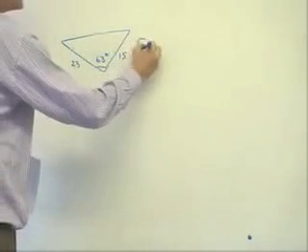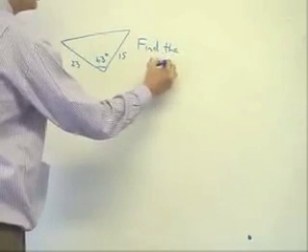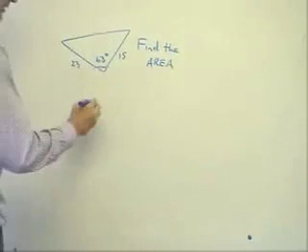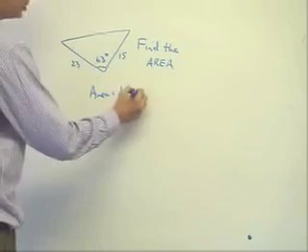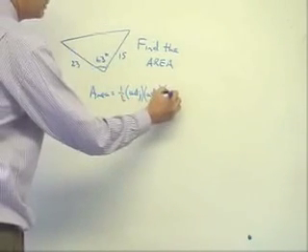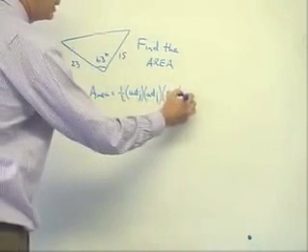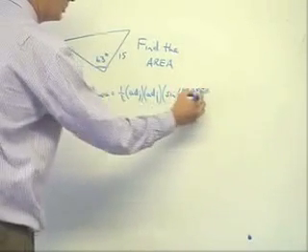Okay, find the area. Area equals 1/2 adjacent times adjacent times the sine of the included angle.